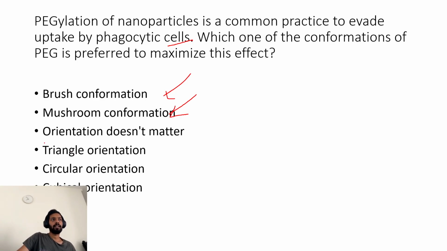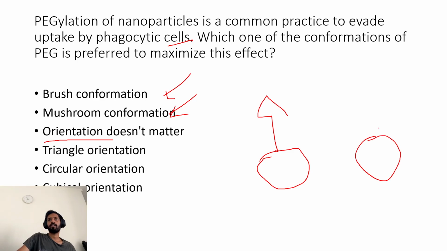Is it the case that orientation and conformations do not matter? Is it a triangle conformation? So triangle conformation would be something like this, right? So if this is the nanoparticle, circular conformation would be something like this, and cubical obviously will be something like this.